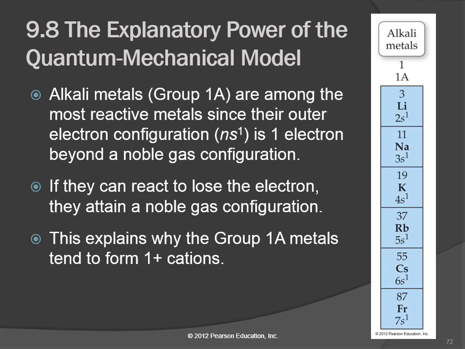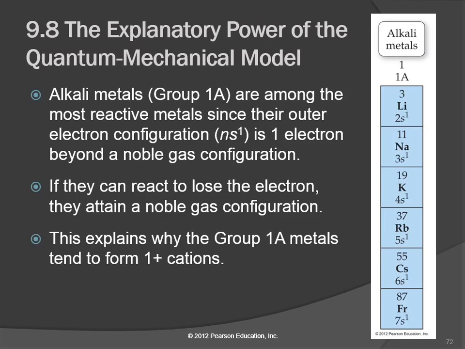Look at the periodic table. Who has 10 electrons? Neon. So by getting rid of 1 electron, sodium looks like neon. Same number of electrons, same arrangement of electrons. That is an especially stable configuration.